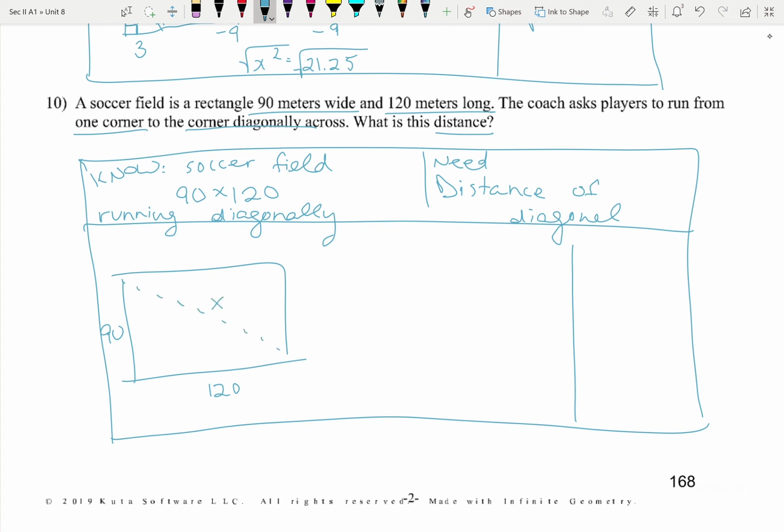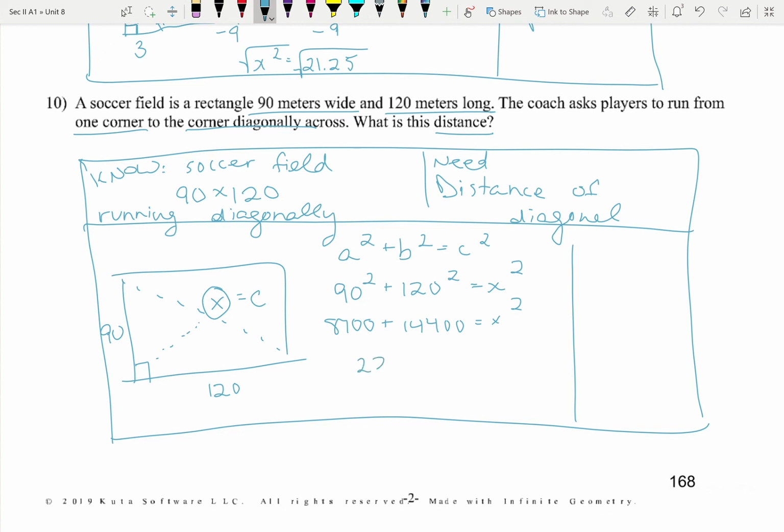Okay, find your right angle. What's directly across? So that's C. So I get a squared plus b squared equals c squared. So you've got 90 squared plus 120 squared equals x squared. 90 squared is 8100. 120 squared is 14,400 equals x squared.